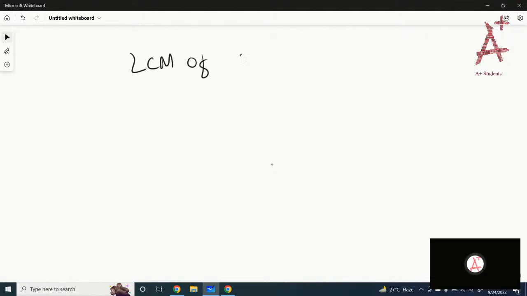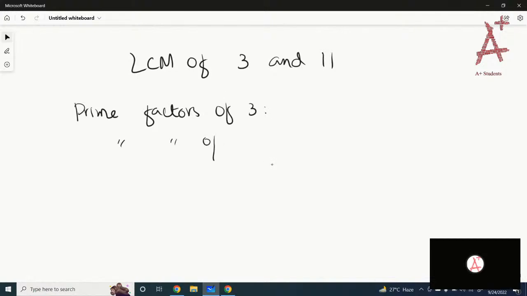Find the LCM of 3 and 11. Okay, so write the prime factors of 3 and the prime factors of 11. The prime factors of 3 are 1 times 3 and the prime factors of 11 are 1 times 11.